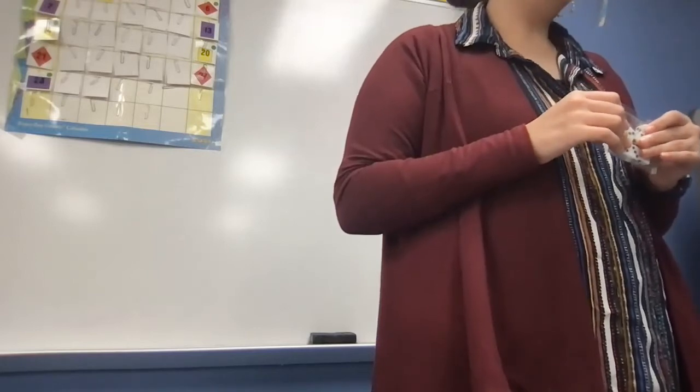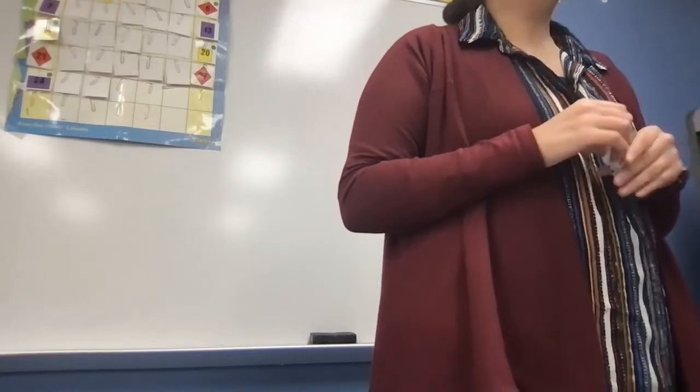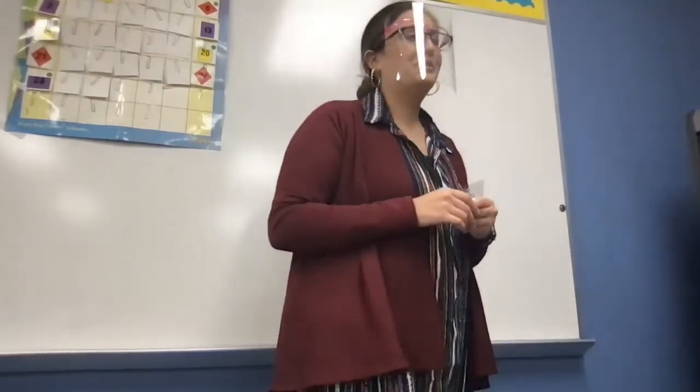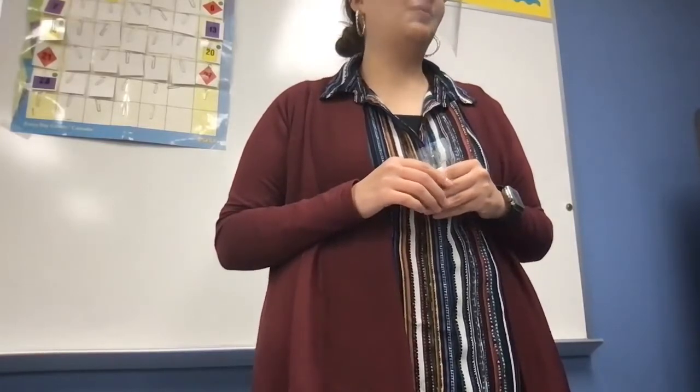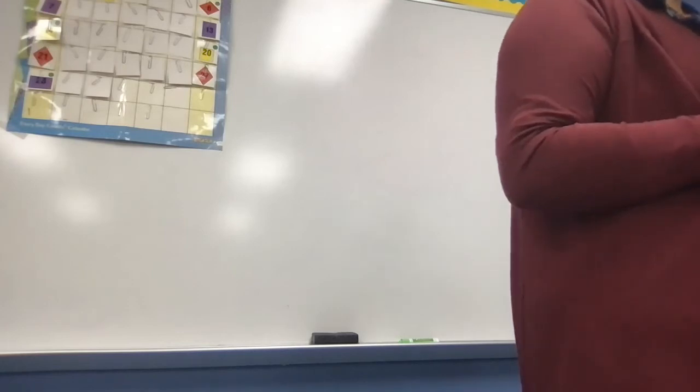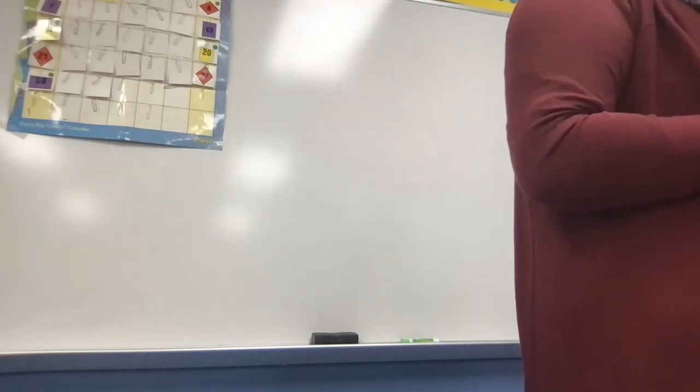Ooh, that was a little easy. He got 3 minus 2. What's 3 minus 2? Oh, okay. No, let's write down 3 minus 2 on your board. We'll go ahead and do it.